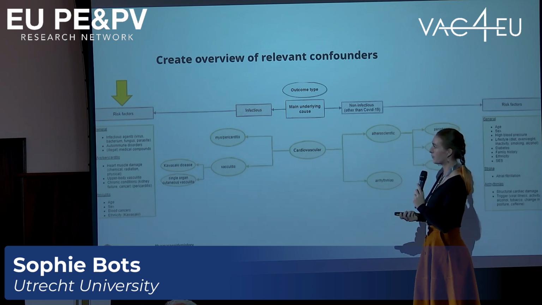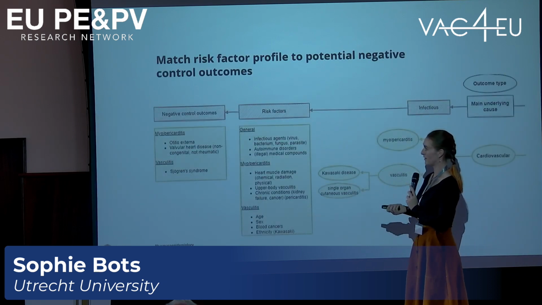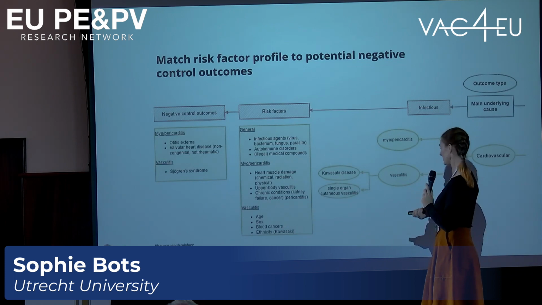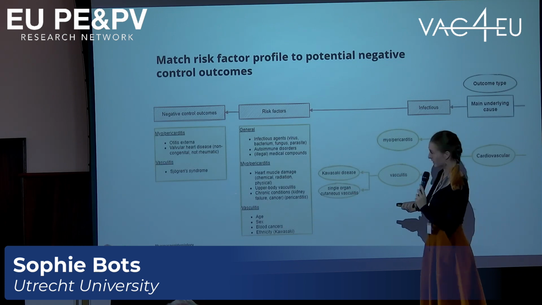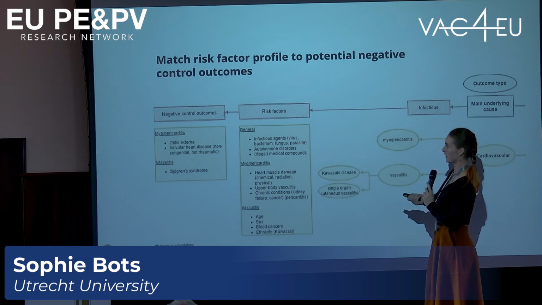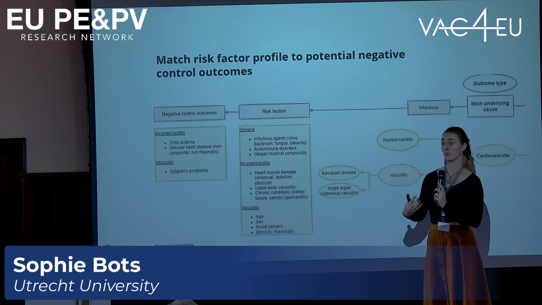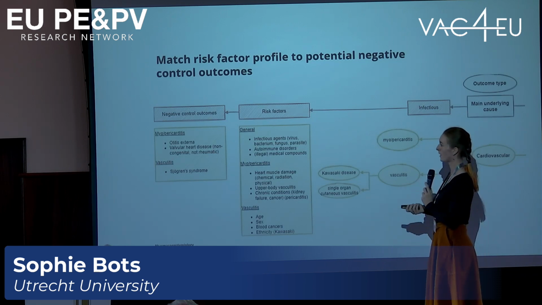And then the next step was find a negative control outcome that shares these risk factors, like infectious agents, autoimmune disorder, the use of medical or illegal medical compounds, but that is not at all associated with COVID-19 vaccines, because that was the causal link that we're trying to avoid.